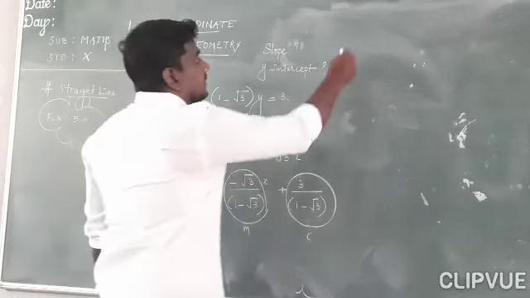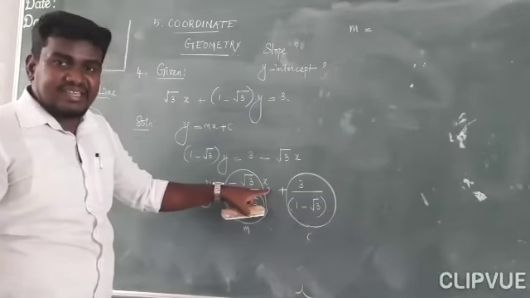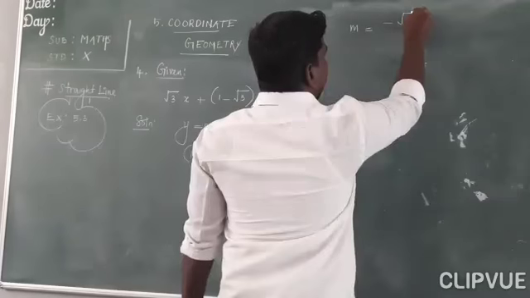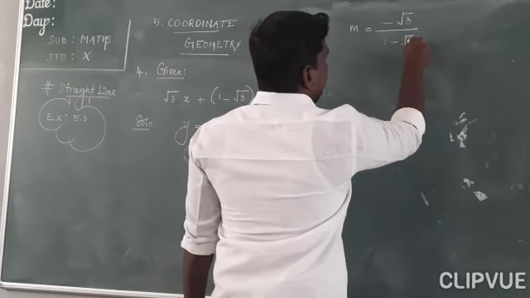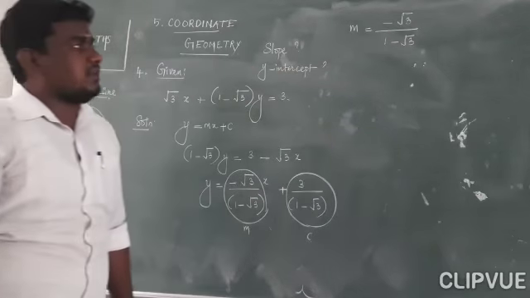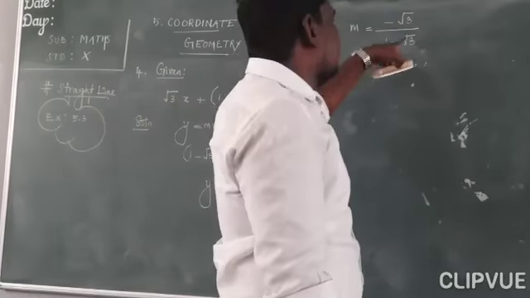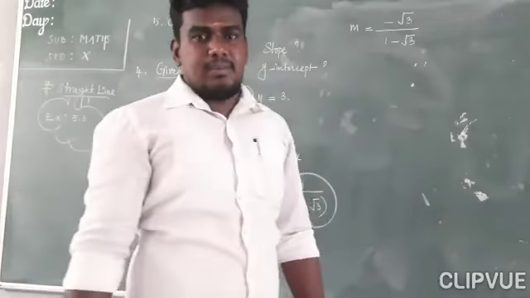Okay, so m is equal to the coefficient of x, that is minus root 3 by 1 minus root 3. See here, I am going to do the conjugate method because the denominator is an irrational number.